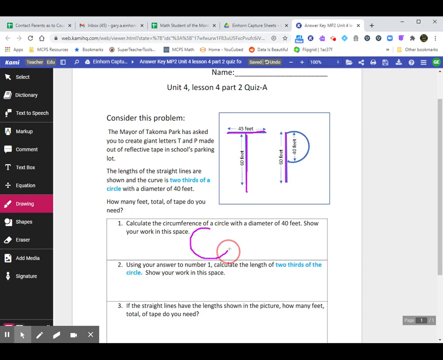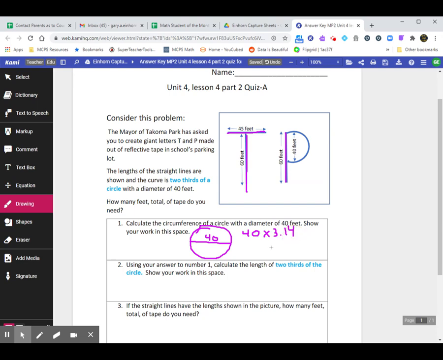It actually tells you right there: what is the full circumference of a circle with a diameter of 40 feet? So we're going to go 40 times, and everyone knows now at this point that if I want to find the circumference of a circle with the diameter of 40, I multiply by pi, 3.14.